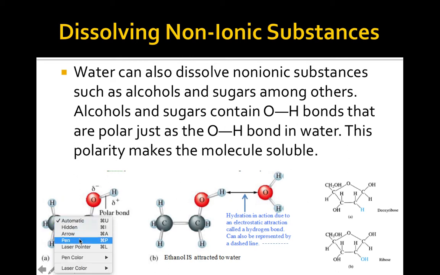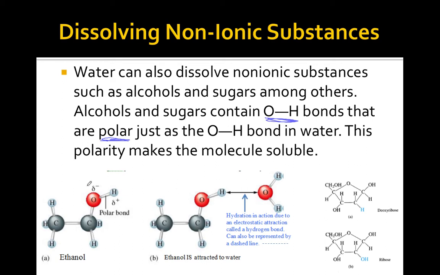So this oxygen-hydrogen bond, when you see that in covalent substances, that is a polar bond, just as the OH bond is in water. So this polarity makes it soluble in water.